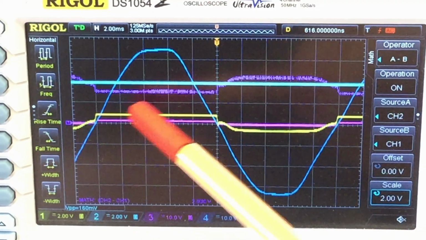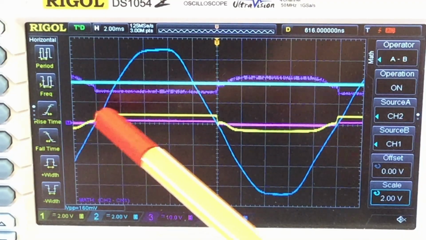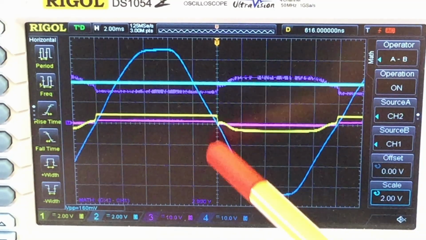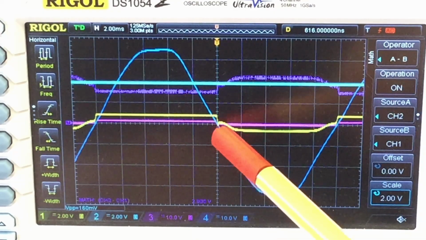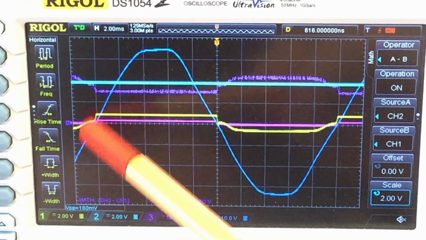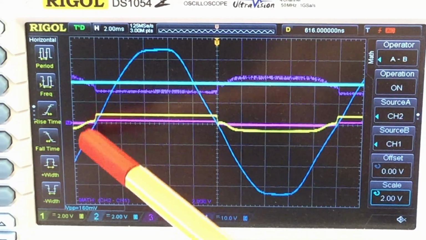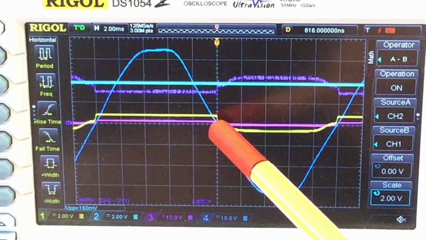The yellow curve is the voltage drop across the gate, and you see when we are in the negative half wave, that voltage drop gets a little bit negative, and it's positive during the positive half of the sine wave.